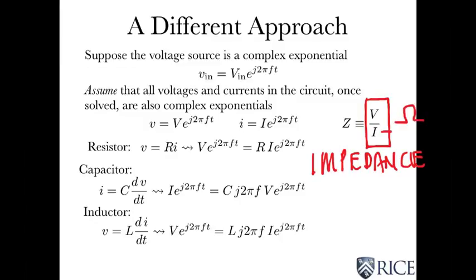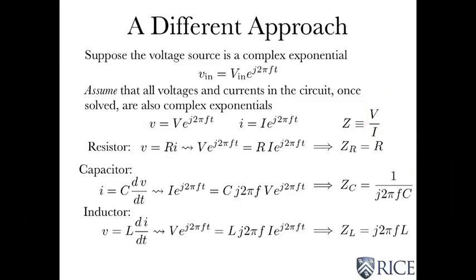However, for the capacitor and the inductor, they're complex valued. The impedance of a resistor is just the resistance, but the impedance of the capacitor is 1 over j2πfC. The impedance of the inductor is j2πfL.